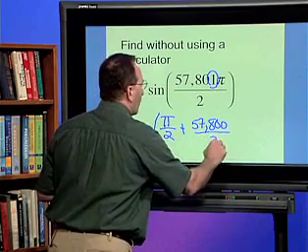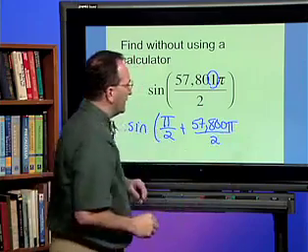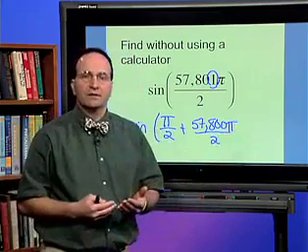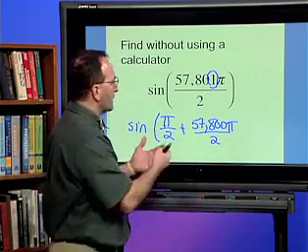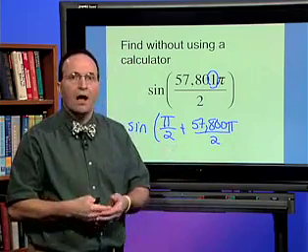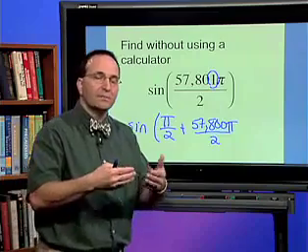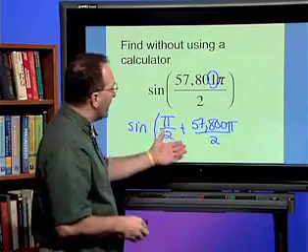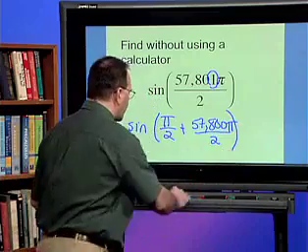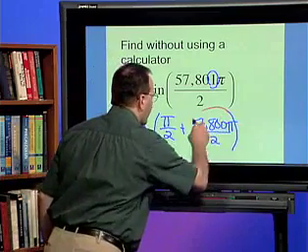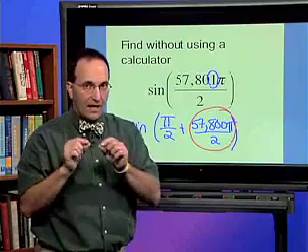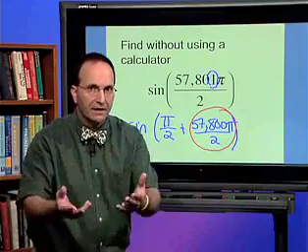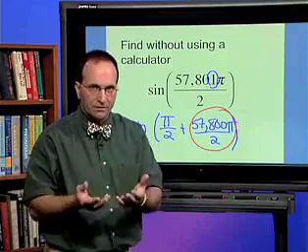Because now what happens is this would be 57,800 pi over 2. And now 57,800 divided by 2, of course, will give us a multiple of pi, which is actually a multiple of 2 pi. And therefore, this portion of it just means that it is a multiple of the period, which is a multiple of 2 pi.